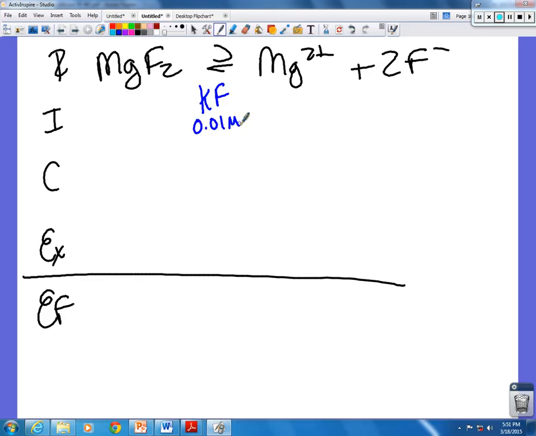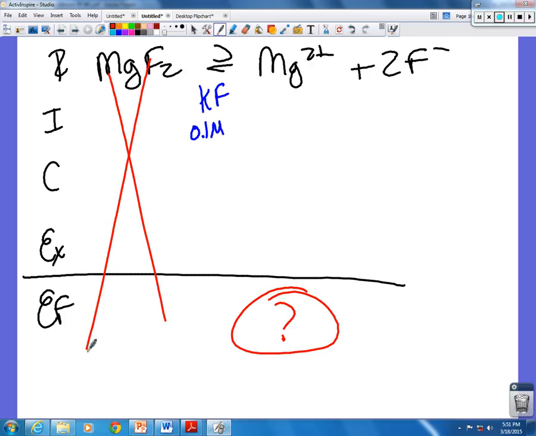0.1. Okay, so 0.1 molar KF. So the question they're wanting to know is this value, right? The magnesium ion. Now, what is our initial concentration of the magnesium ion? 0, because there's nothing present, right?